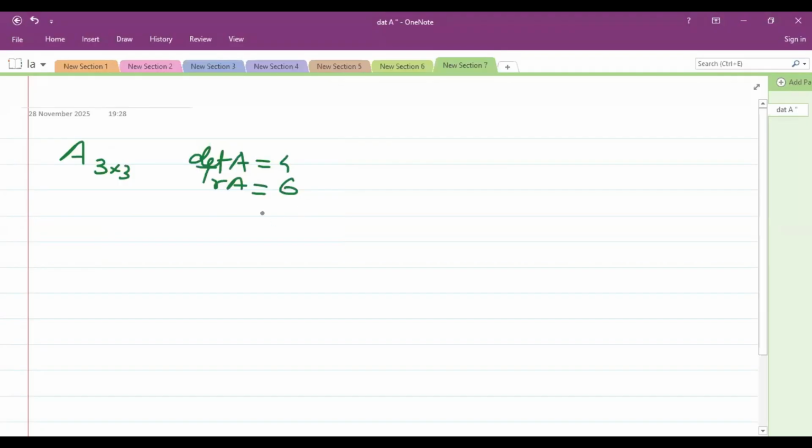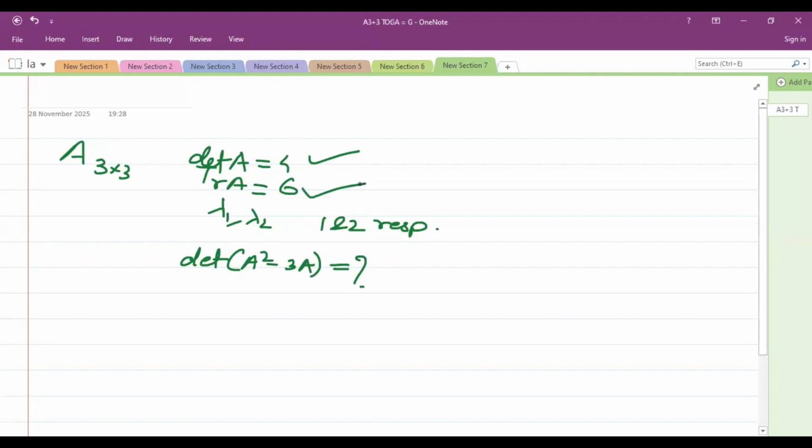The first two eigenvalues are lambda 1 and lambda 2, which are 1 and 2 respectively. Now the question is to find the determinant of A square minus 3A. So we have determinant of A as 4, the trace of A as 6, lambda 1 and lambda 2 given as 1 and 2, and we want to find the determinant of A square minus 3A.